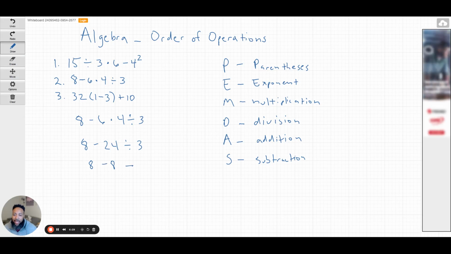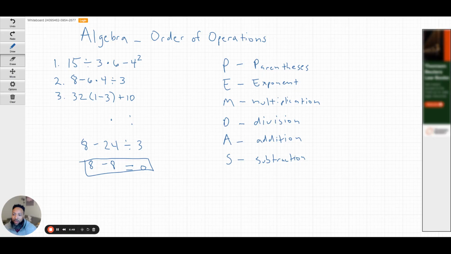So 8 minus 8 equals 0. And that's your answer. So we did division first. Actually, we did multiplication first, then division, then subtraction. See how that works. All right. So let's do one more just to make sure that we know what we're doing.